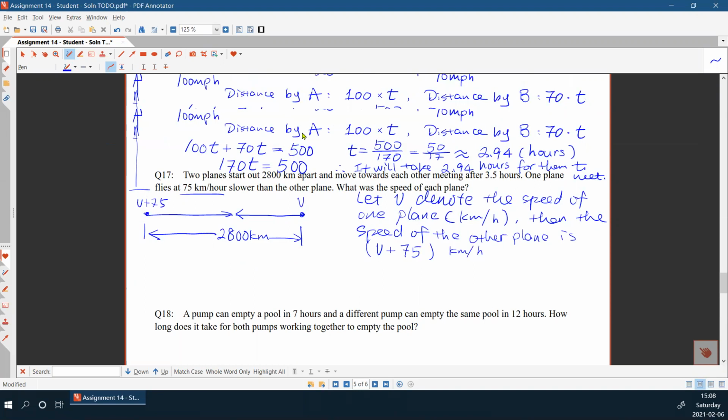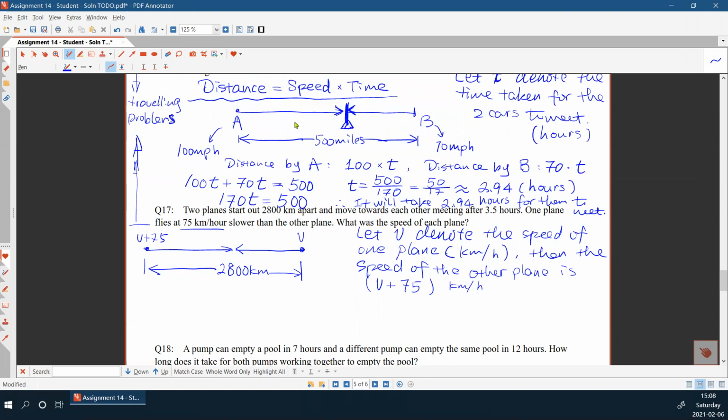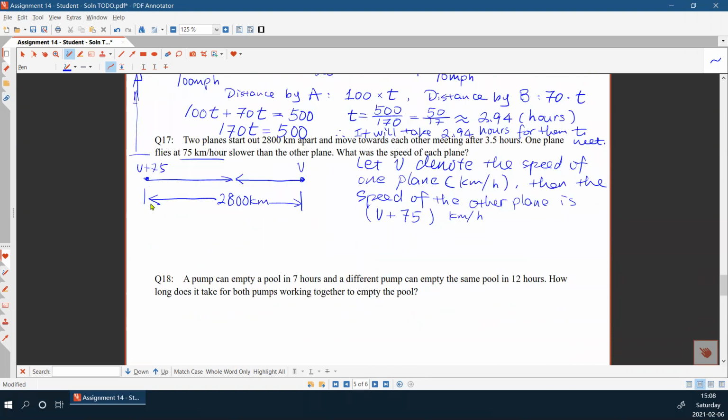So according to distance is speed times time, we know that by the time they meet here, plane A has traveled (v plus 75) times t, right? And here it tells you that after 3.5 hours they meet.